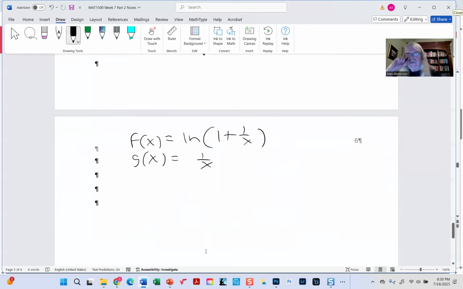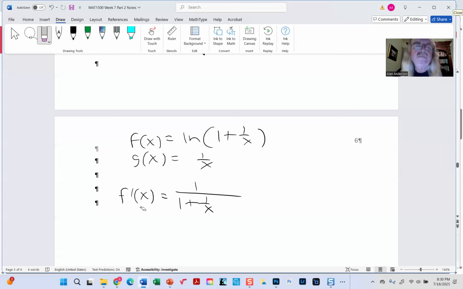So f prime of x, by the chain rule, will be 1 over 1 plus 1 over x times the derivative of 1 plus 1 over x. All right.